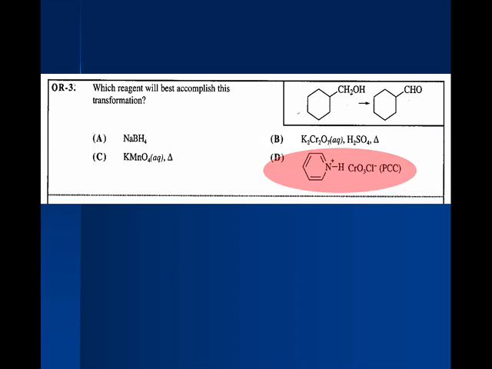The one that you can eliminate right off the bat is A. It's a reducing agent. We're doing an oxidation, so we can eliminate that. However, B, C, and D are all oxidants. But D is the only one that will selectively stop at the aldehyde stage.